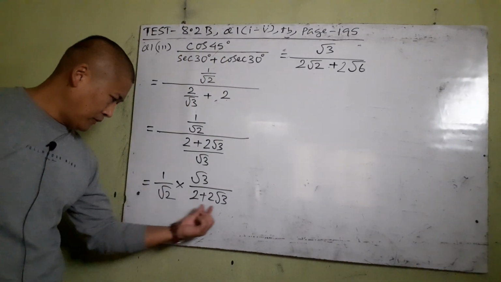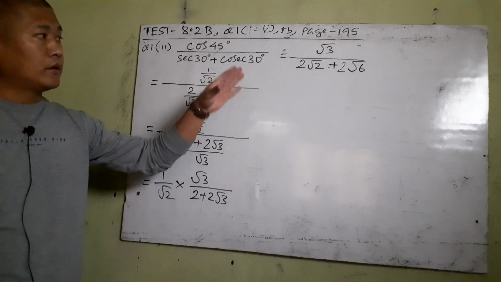So here root 2 into root 3, root 6, and this 2 is there. So we got that, right?